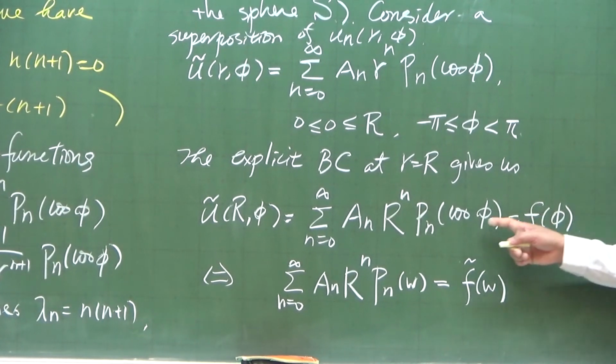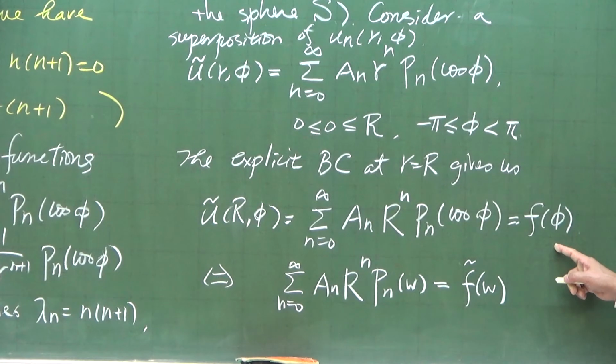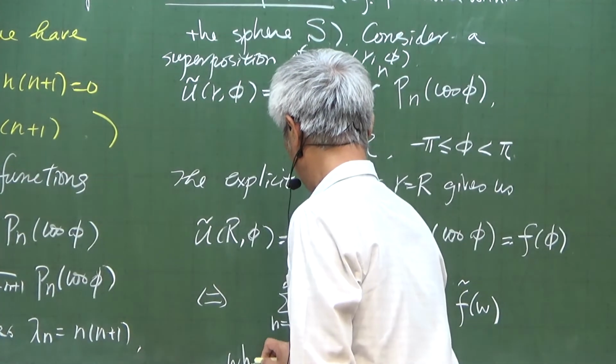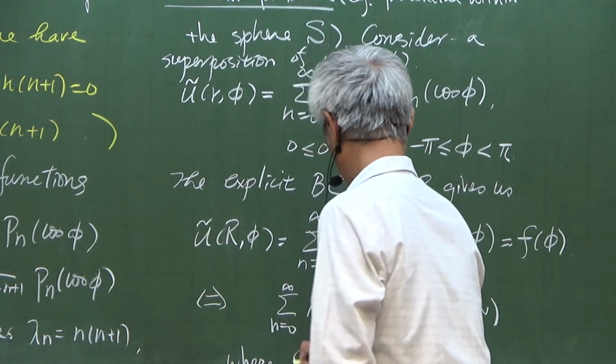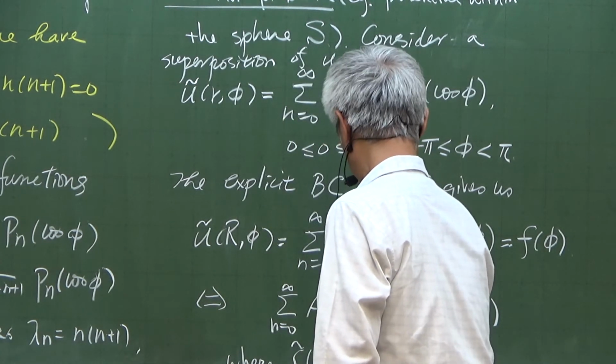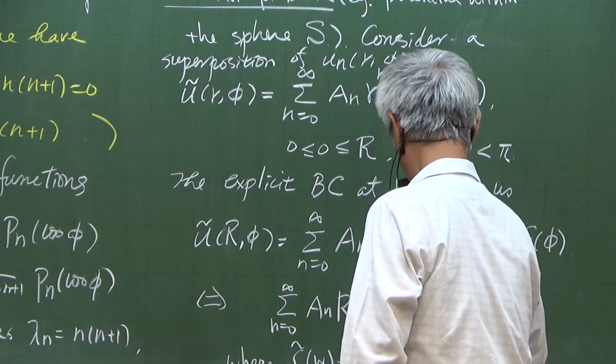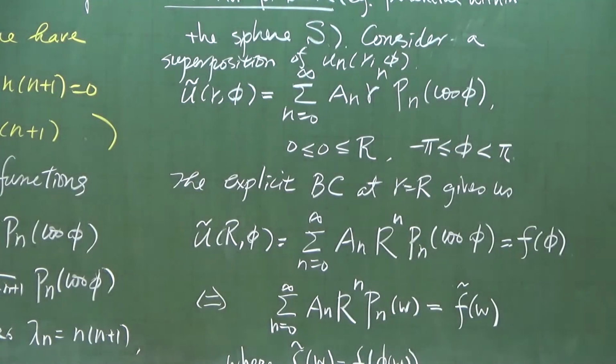Because we do the coordinate transformation, where F of phi is equal to F tilde of w.